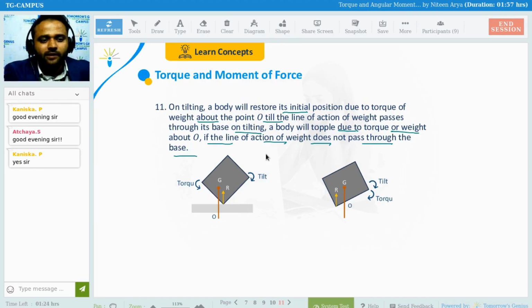For example, in garages, the heavy wheels of a truck or tractor are moved in this toppling manner because they cannot slide them. They are so heavy. So what they do is lift one side up a little bit and then throw it out. It is going to topple automatically due to its weight and due to the torque.